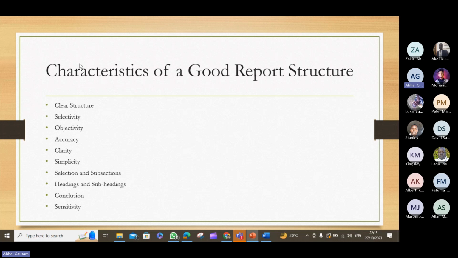Then accuracy. Of course, it is important. Your report should be factually accurate. And it is important to verify the facts. Please make sure. You know, sometimes people just accept things. This is an era of the internet of things and news, YouTube, and every other person is a reporter here. So you can find a breaking news on the internet, and then you will see that it was fake. So don't do that. It is important not to take data from secondary resources which are not reliable.